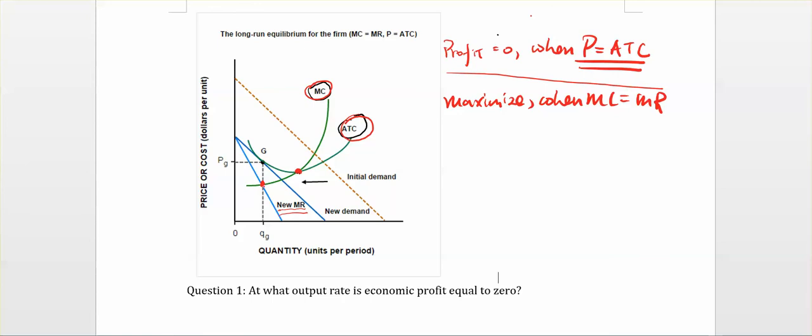This is the equilibrium point, and corresponding to this point we can find the price PG is on the average total cost curve. So we know first it should be the equilibrium point, and second the price equals average total cost, which is here. So PG is the price when the profit equals 0.